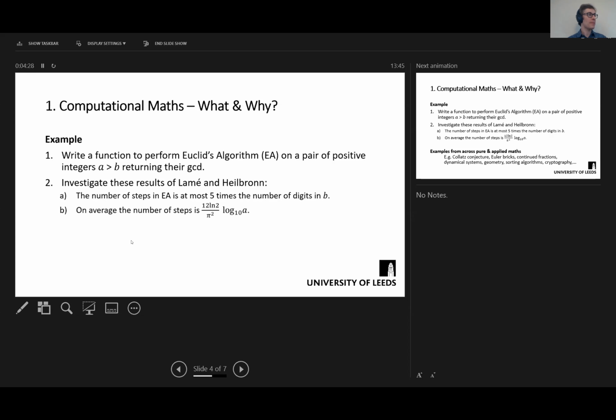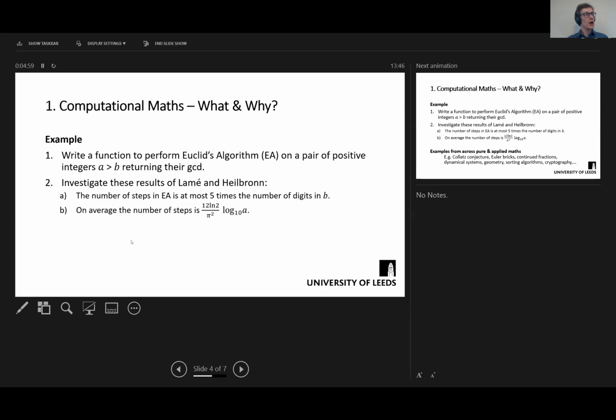So the number of steps that Euclid's algorithm takes at most or on average. And I think it's very unlikely that students would be able to prove these results. And certainly the intention is not that they should try, but rather they can usefully investigate these following their own nose. So there are various things they could do, there are different approaches they could take, and there isn't so clearly a right or wrong answer, but there are definitely better or worse answers.